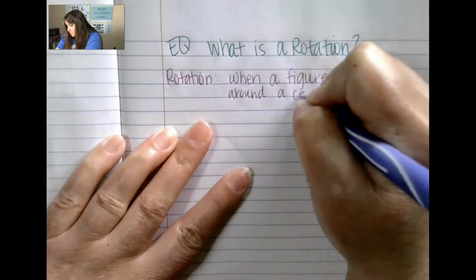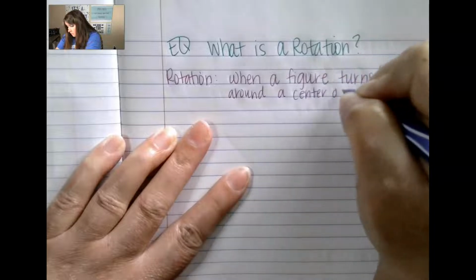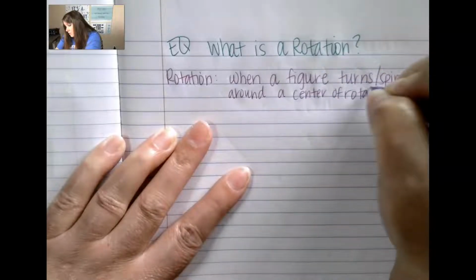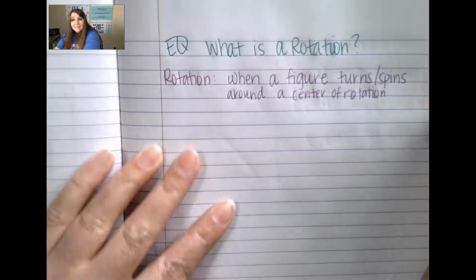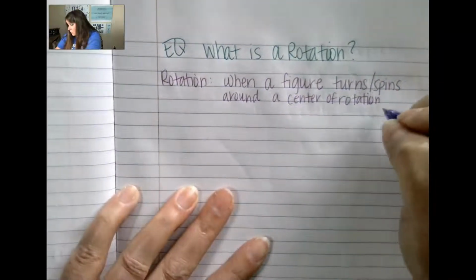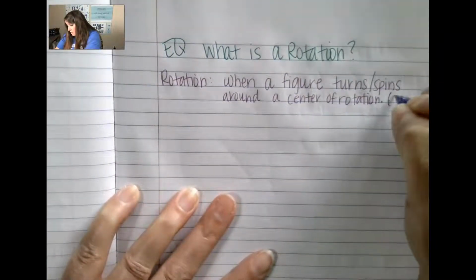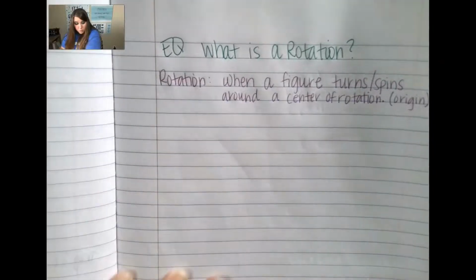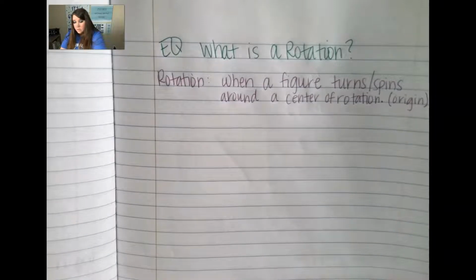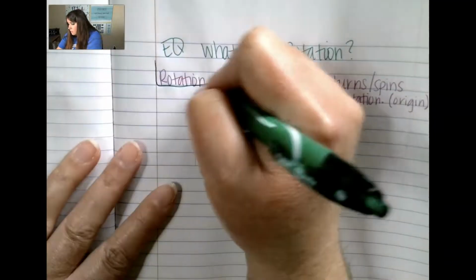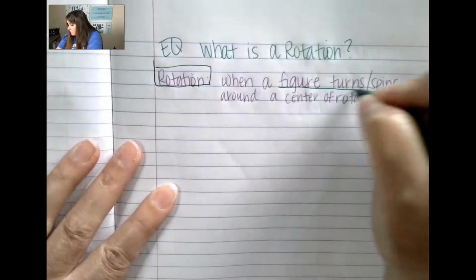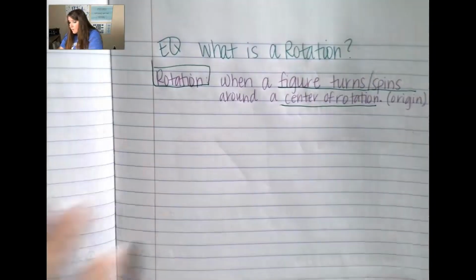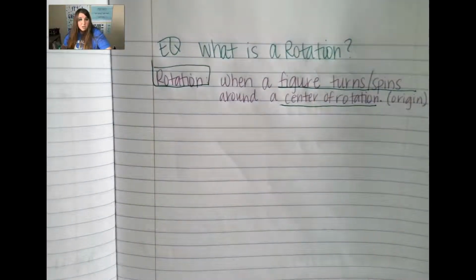A center of rotation. And that center of rotation, in this case that we're looking at, is going to be the origin, or (0, 0) of the coordinate grid. So a rotation is when a figure turns or spins around the center of rotation.